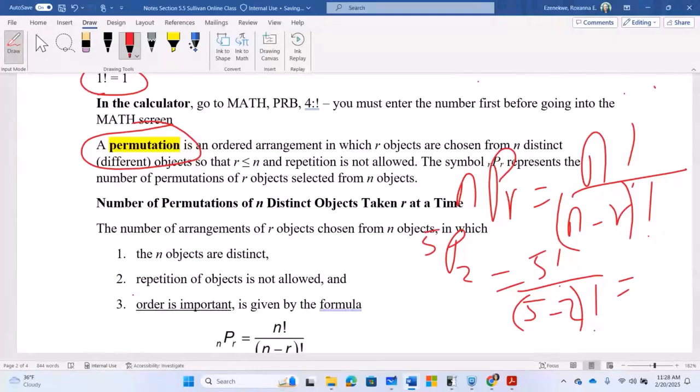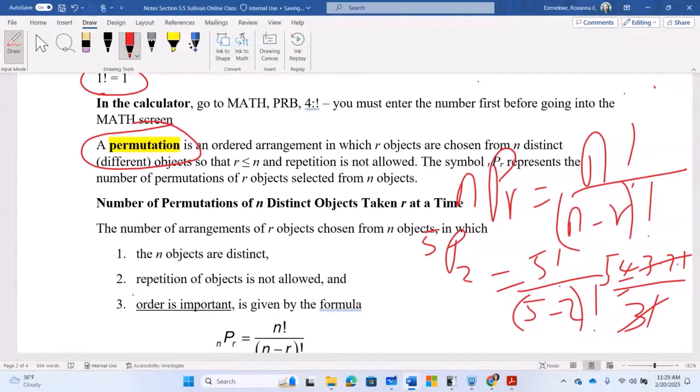And that is, you multiply out, you have 5 times 4 times 3 times 2 times 1, all divided by 5 minus 2 is 3, 3 factorial. So 3 factorial will cancel everything here, so that 5 permutation 2 is going to give us 20.